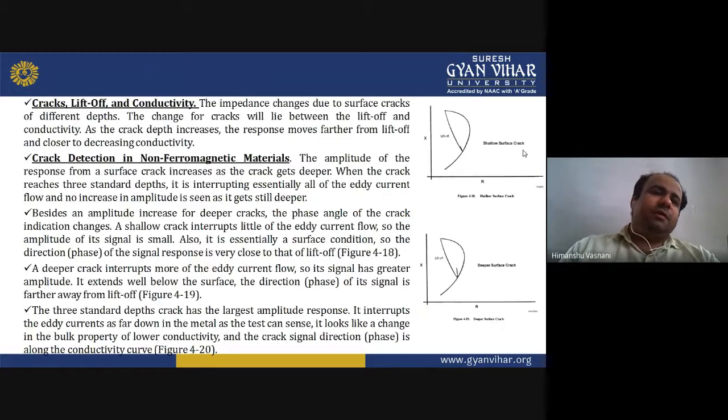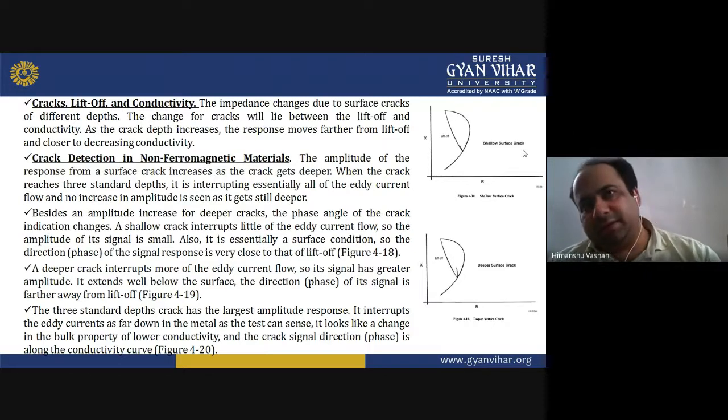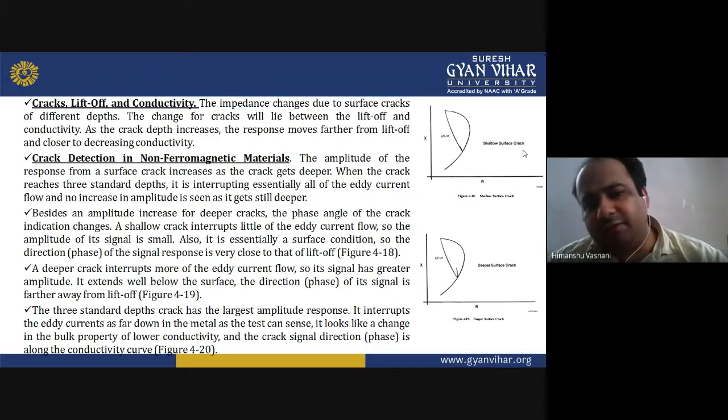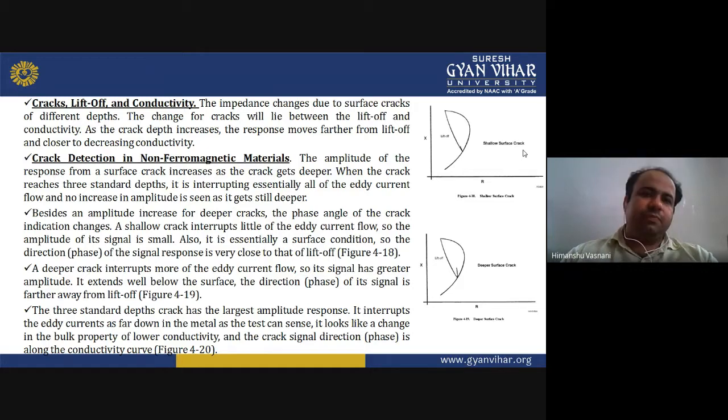Now, we have been discussing eddy currents in the past lectures. A few terms that we need to discuss are cracks, liftoff, and conductivity. The impedance changes due to surface cracks of different depths. The change for cracks will lie between the liftoff and conductivity.